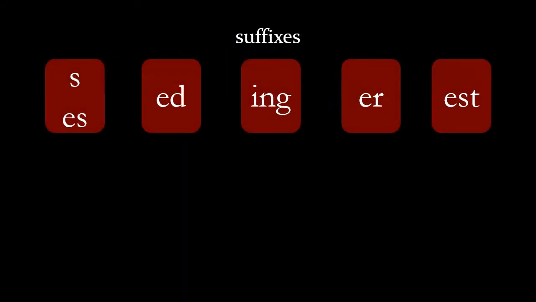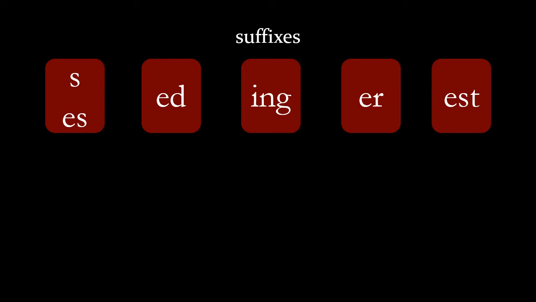So now we have these 5 suffixes. We have the S, the ED, which talks about something that happened, the ING, which talks about something that is happening, the ER, which is used to compare two things like, oh, she is faster than I am.